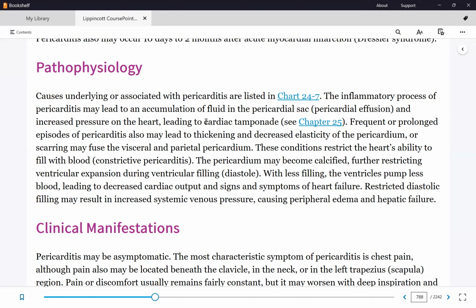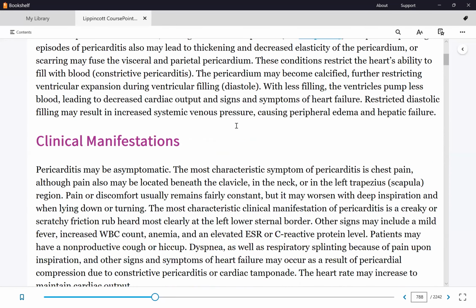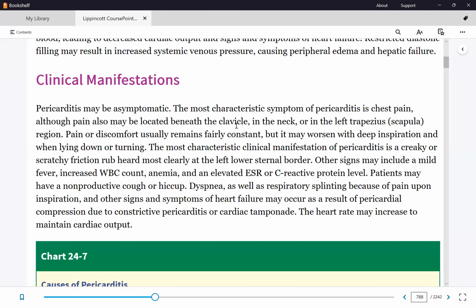Okay. Is this a life-threatening complication? Yes, this is a life-threatening complication. How about these though? The chest pain. Are these life-threatening? No, they are not. So only the cardiac tamponade is life-threatening. This one is very uncomfortable, but is it life-threatening?